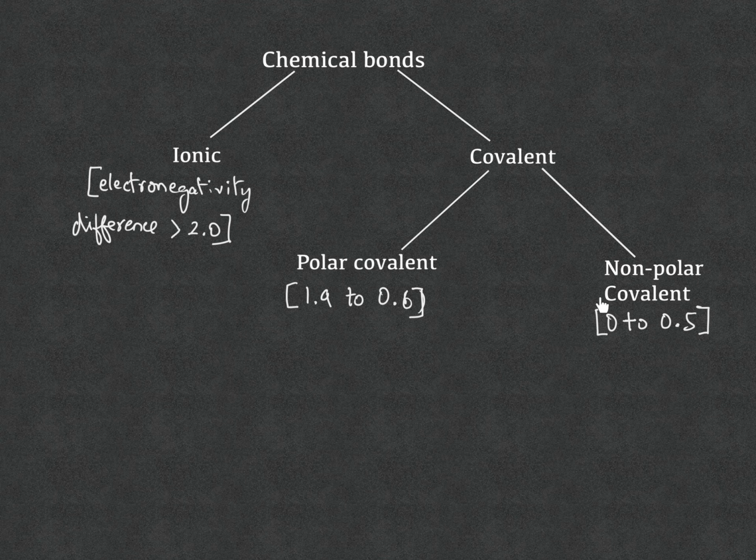And if the difference is 0 to 0.5, which is very little, it is a non-polar covalent bond. In a nutshell, you should remember that in a polar covalent bond, the sharing is not equal. For example, hydrogen and oxygen, which are the two elements that make water, the electronegativity difference is fairly large.